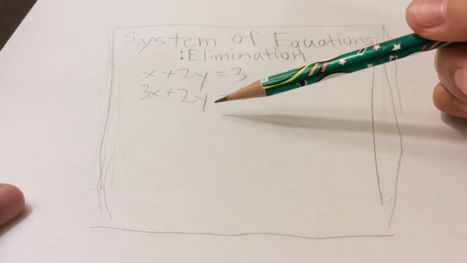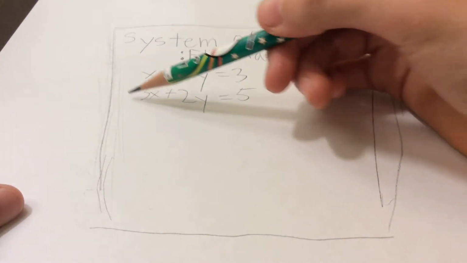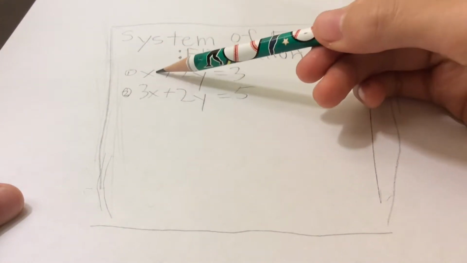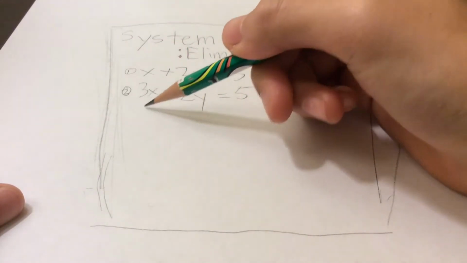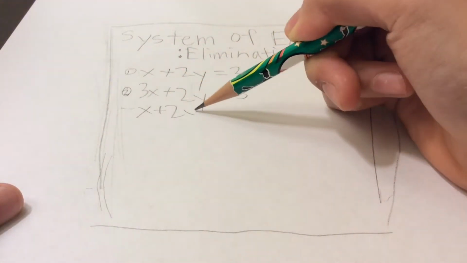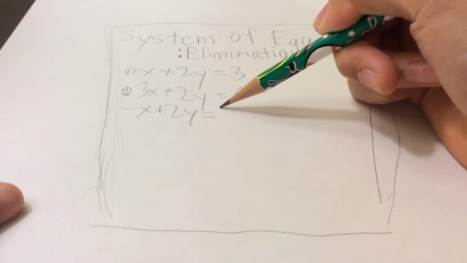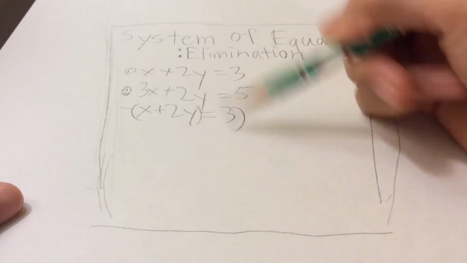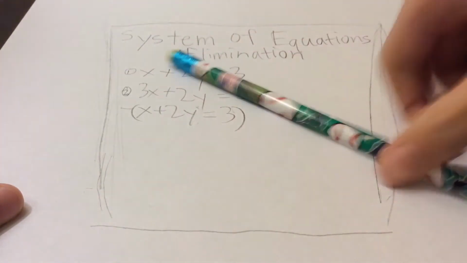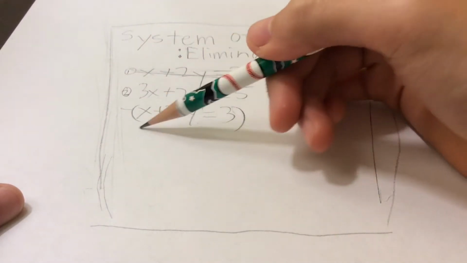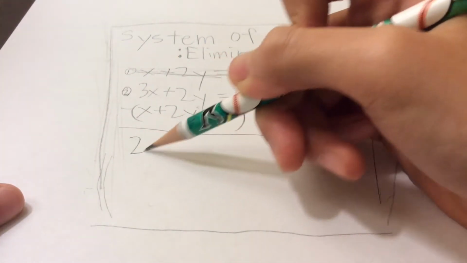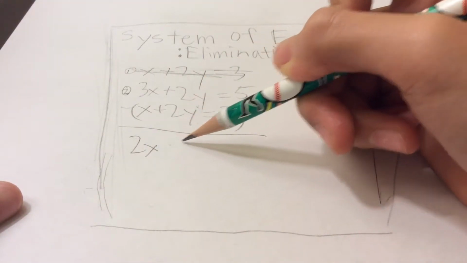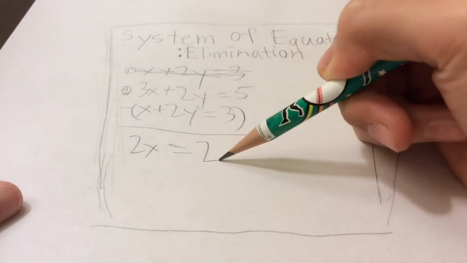But if we subtracted the equations, for example, the second one from the first, we would end up getting 2x, the 2y minus 2y cancel so they equal 0, equals 5 minus 3, which is 2.